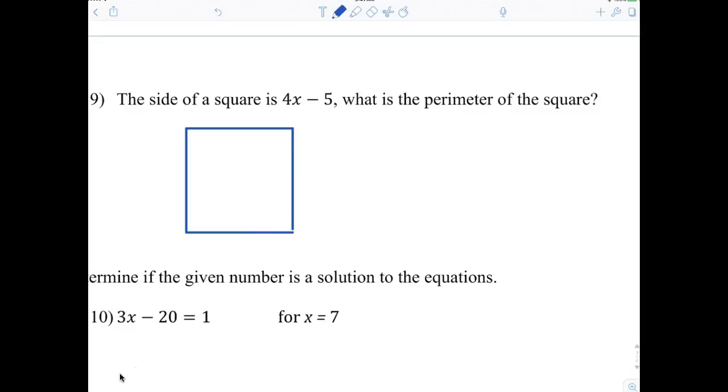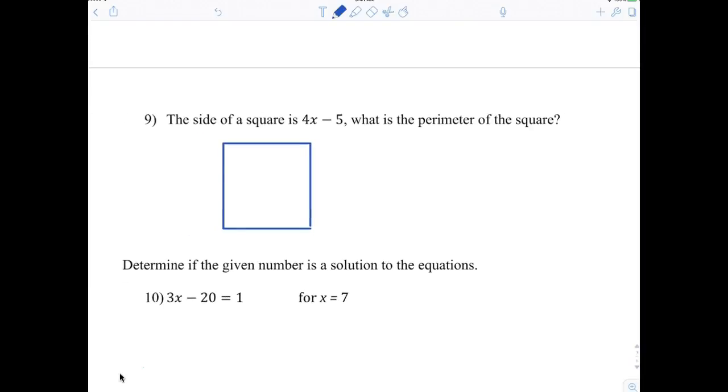All right, one side is 4x minus 5. What's the other side? That's correct. What's the other one? That's very good. What's the other side? 4x minus 5.